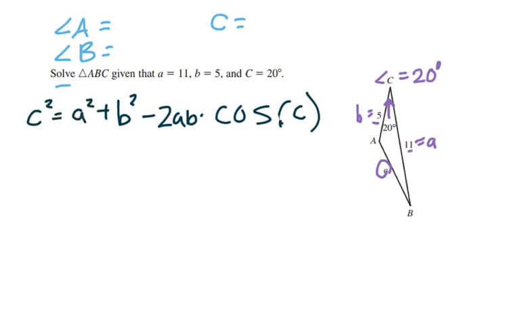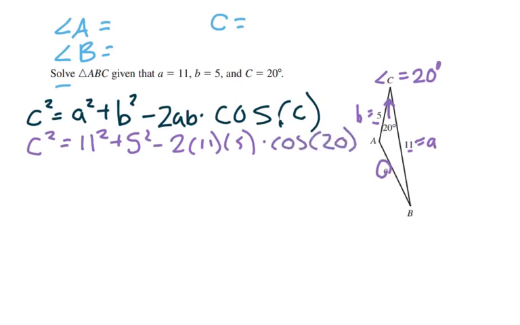So it does very much look like the Pythagorean theorem, but of course we've got this little extra chunk here. So if we fill that in, we don't know what c is, but we do know that a is 11, and b is 5. Then it's 2 times 11 times 5 times cosine of 20.